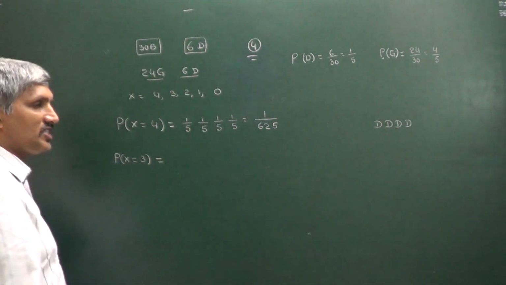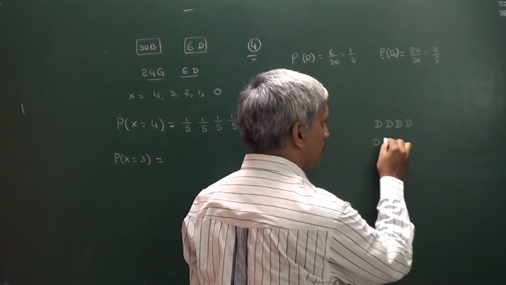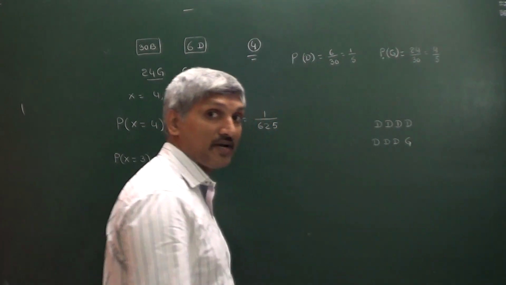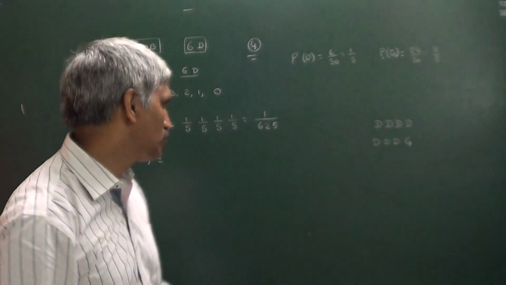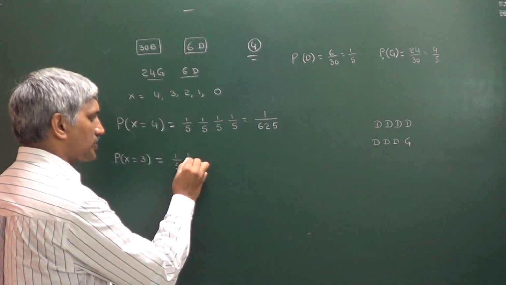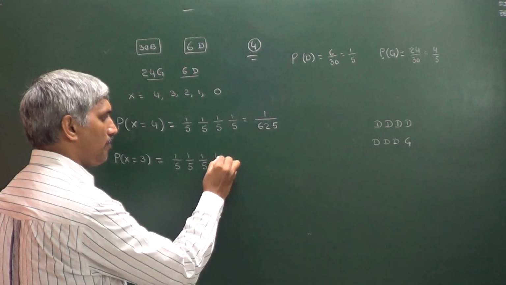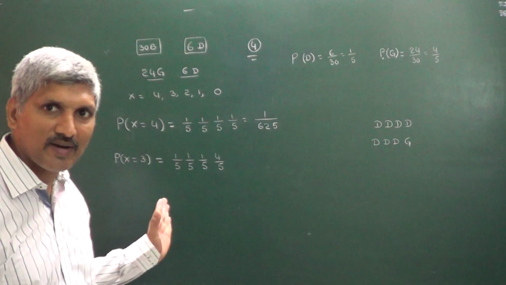Next, P of X equal to 3, the probability of getting 3 defective bulbs: defective, defective, defective, and in the last case a good bulb. First defective, next defective, next defective, but then a good bulb. Does the matter end there?